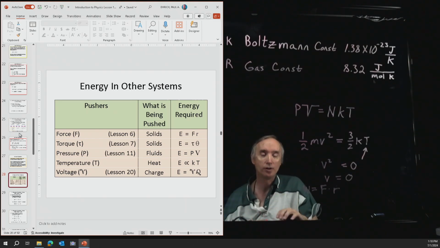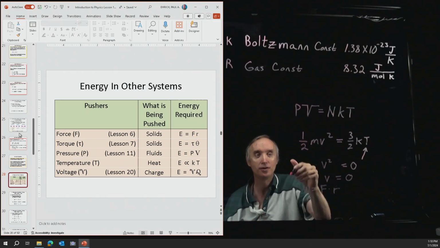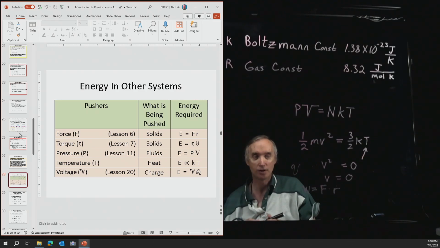And then the last one is in electrical systems. In electrical systems, it's voltage. So voltage is given by a V, but did you notice it's a different looking V? So it's this kind of V when I talk about voltages. And so voltage is going to be the pusher in electrical systems, and it pushes electrical charges.